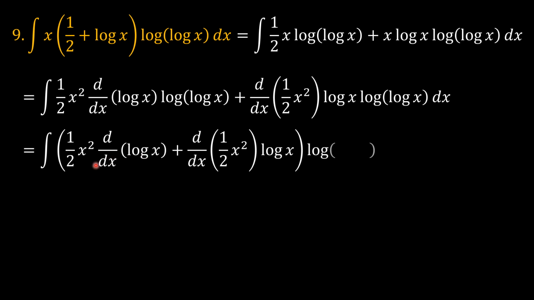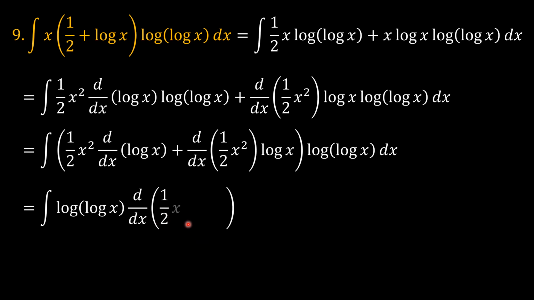But inside the bracket, I have half x squared times the derivative of log of x, and then you have the derivative of half of x squared times the natural logarithm of x. And using the product rule as regards differentiation, I could collapse whatever is in the bracket to the derivative of the product of half of x squared and the natural logarithm of x.